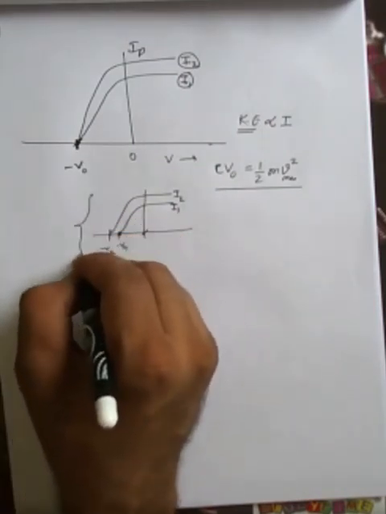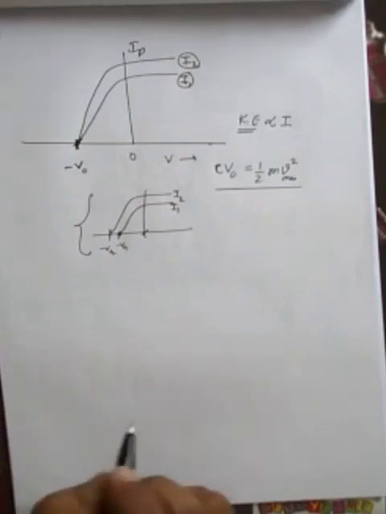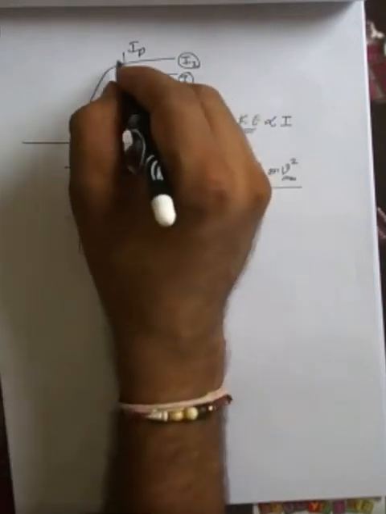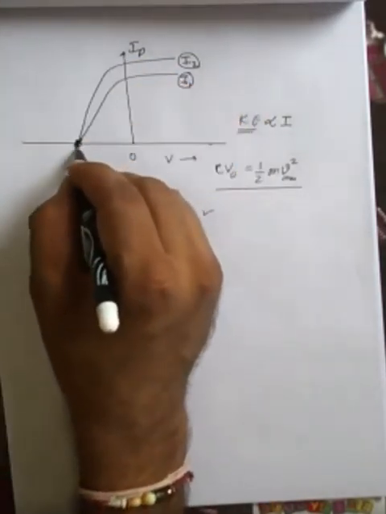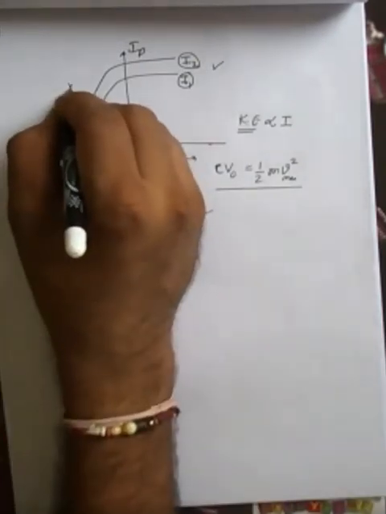So as per classical physics, the result should be in this way, but the original experiment results are here. It means a single stopping potential for both intensities. So again, these results couldn't be explained by using the concept of classical physics. So classical physics again failed here.